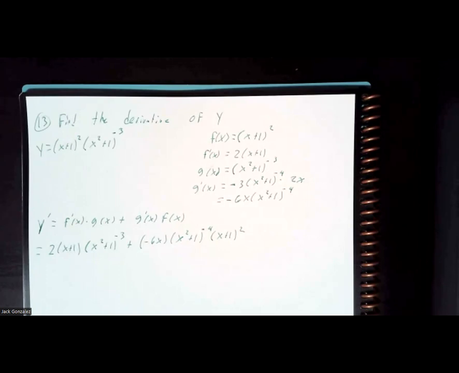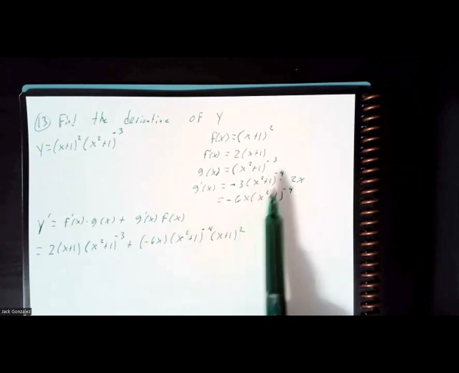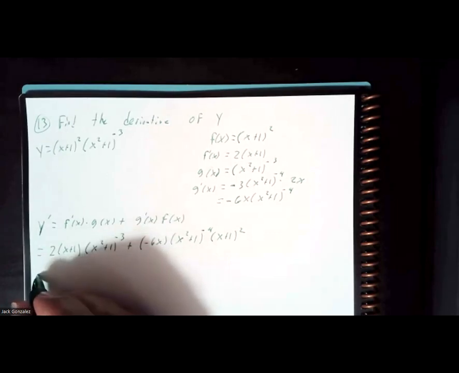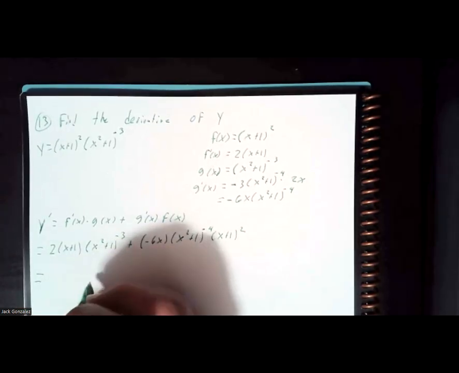So hold on, why did you change it from 3 to 6x in front of g prime? No, this is -3 times that 2. Okay.